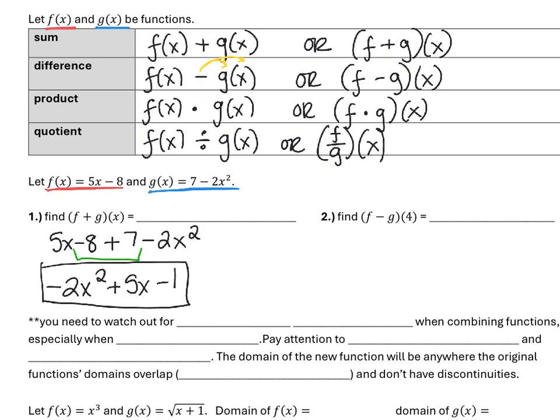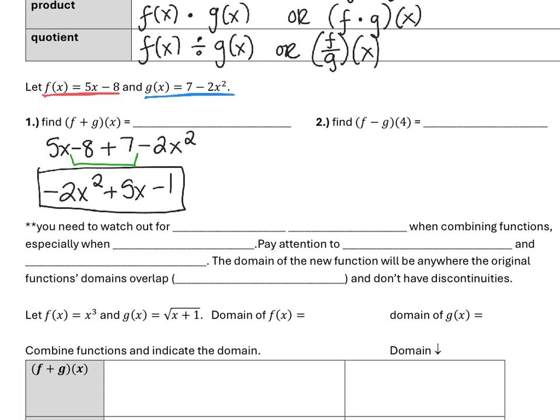Number 2, it says to find f minus g of 4. So first we have to find f minus g, and then we will plug in 4 to find the value of that at 4. So if we do f minus g first, f of x is 5x minus 8, and then we are going to subtract g.